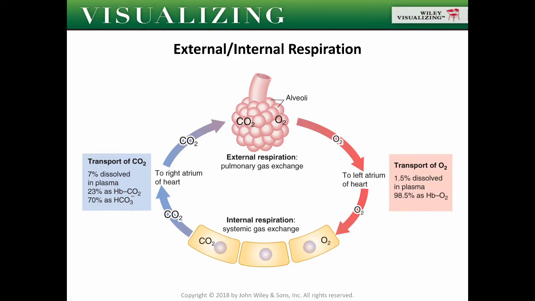External respiration occurs inside the lungs, in particular in the alveolar sacs. You have a high concentration of oxygen in the outside air, because remember, our atmospheric air is 21% oxygen, and a low concentration of carbon dioxide, less than 1%. Because of the high oxygen content in the atmospheric air, the oxygen enters the bloodstream.